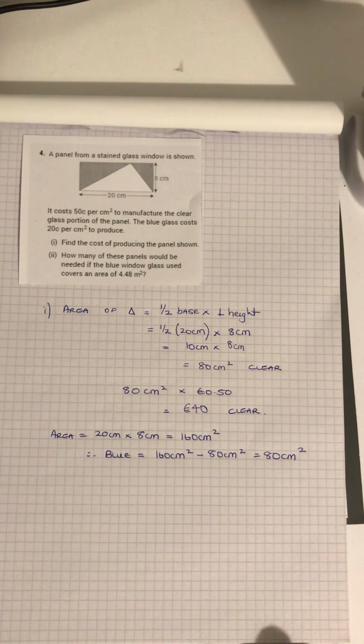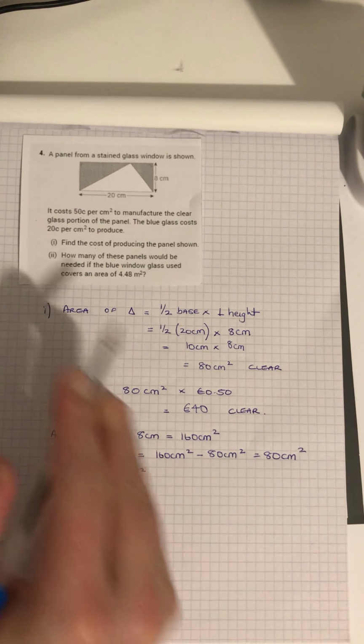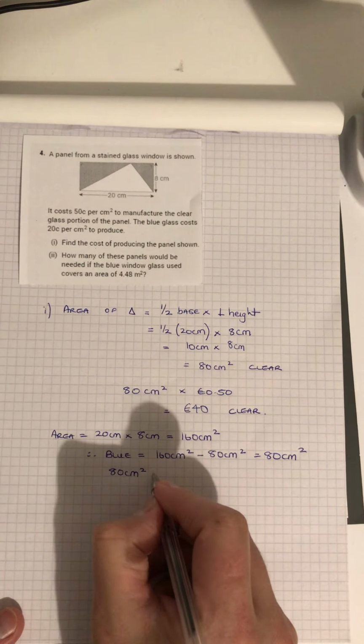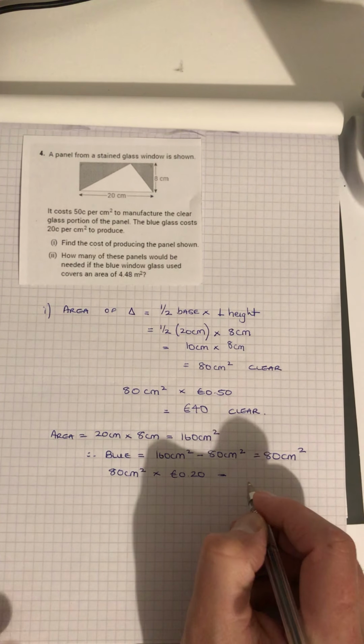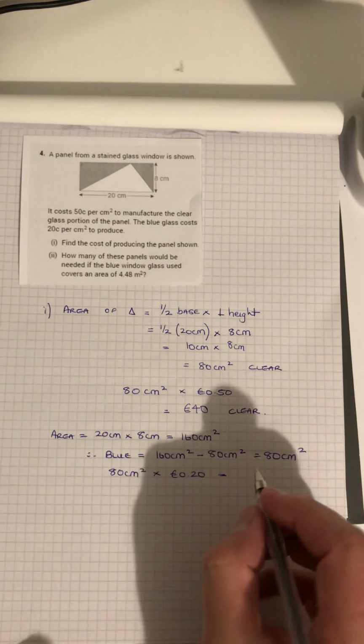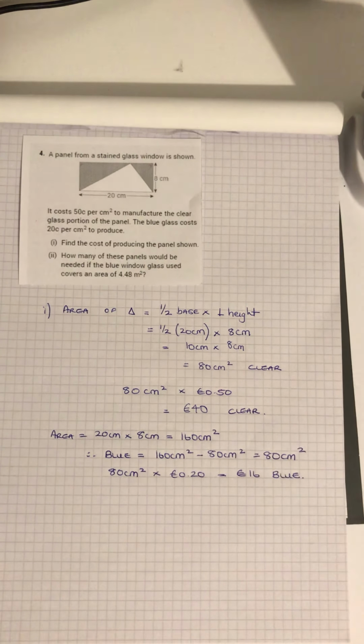So the blue is 80 as well. The blue costs 20 cents per centimeter squared, so multiply 80 by €0.20, which is equal to, calculator again, €16 for the blue.